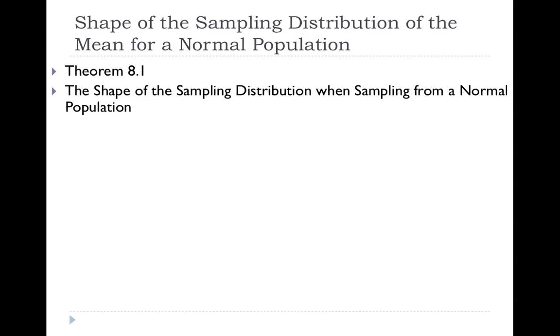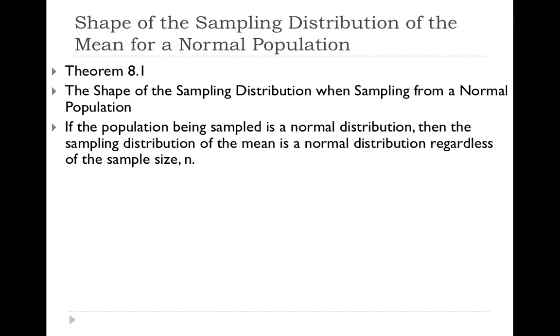Okay, the mean of the sampling distribution of the mean for a normal population. Theorem 8.1 states that the shape of the sampling distribution when sampling from a normal population is also a normal distribution. So, if the population being sampled is a normal distribution, then the sampling distribution of the mean is also a normal distribution, regardless of the sample size n.